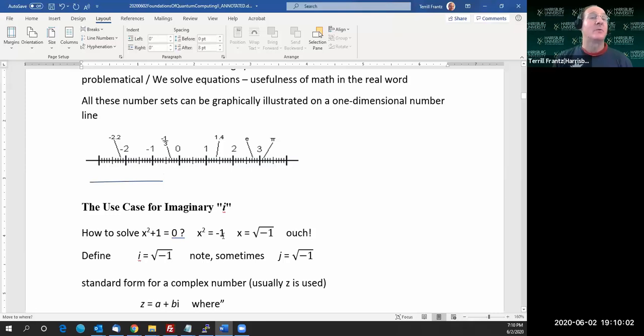In other words, x squared equals minus 1. To make the math work out smoothly, we needed to define a constant that we refer to as i, which is known as the square root of -1. Sometimes in the engineering world it's known as j. No different, it's the same thing, the square root of -1.